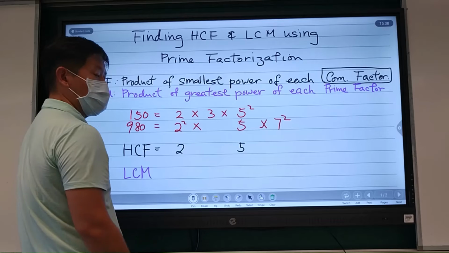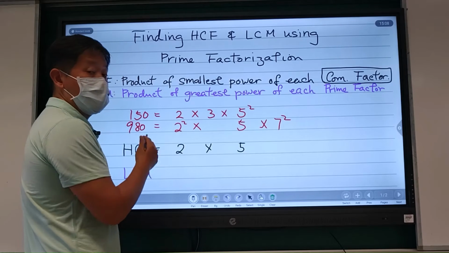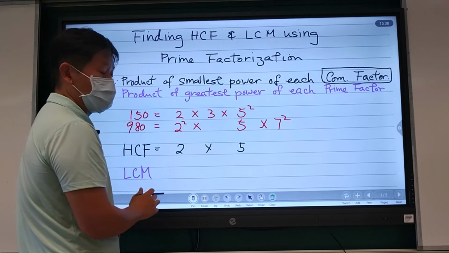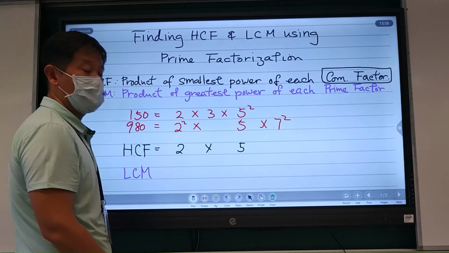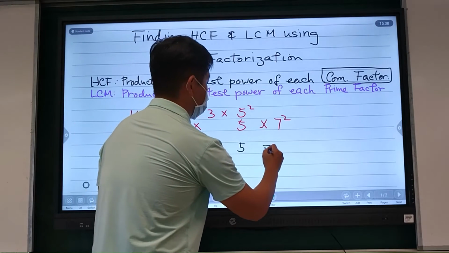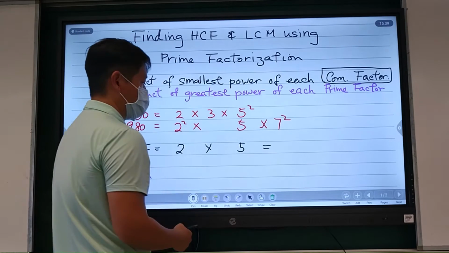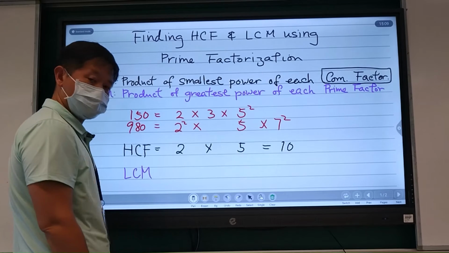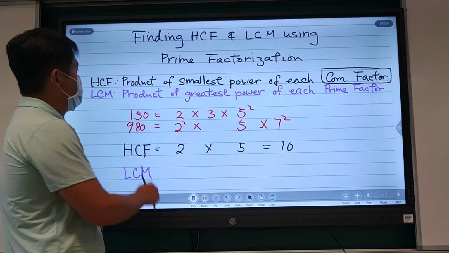So this HCF is actually 2 times 5. Make sure you read the instruction carefully. If the instruction says to leave it as a product of primes, then I'm done. If it says exact numbers, then you have to multiply it out. In this case, you would have 10.